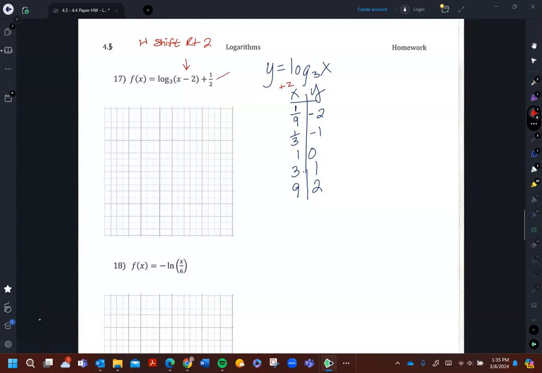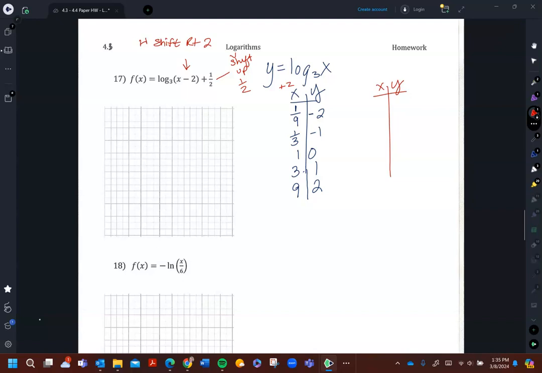And then the y is going to have a vertical shift up 1/2. So remember the x is always opposite what it looks like, and the y is just as it reads. So then you can go ahead and get the points.